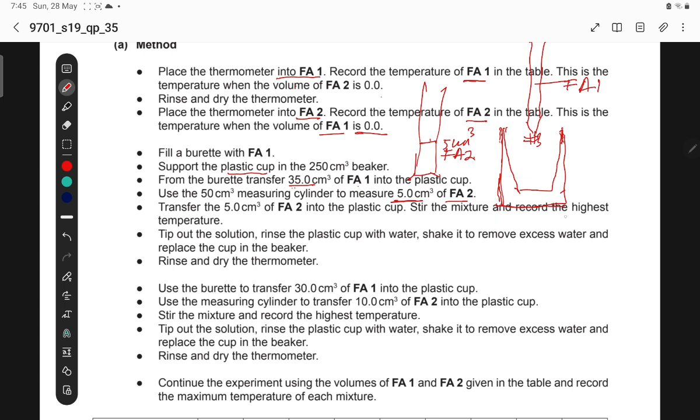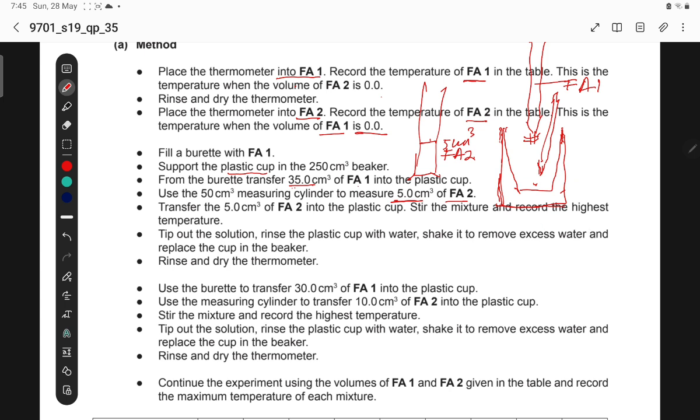Stir the mixture and record the highest temperature. You place the thermometer over here, and you can stir with the thermometer as well. Stir the mixture and record the highest temperature.